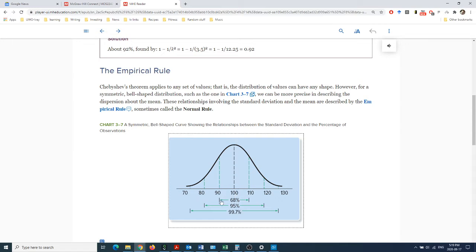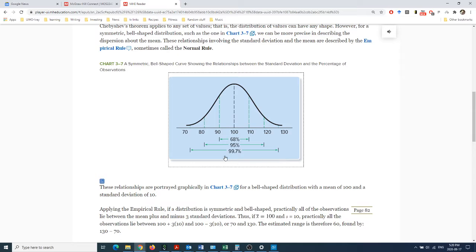Within one standard deviation, you have 68% of the observations, where the standard deviation is 10, so between 90 and 110. Within two standard deviations, you get 95% of the people, and within three standard deviations, you pretty much get 99.7% of the observations. Anything outside three standard deviations is roughly considered an outlier.